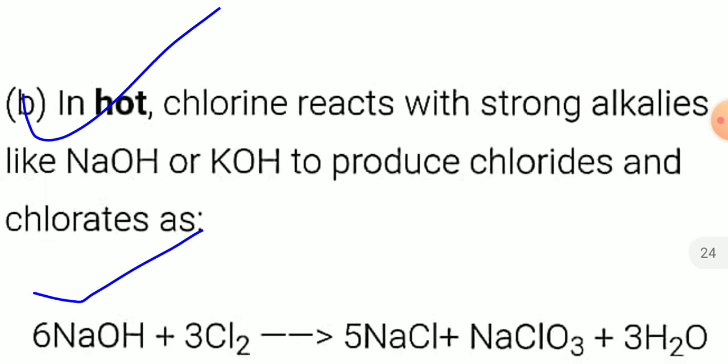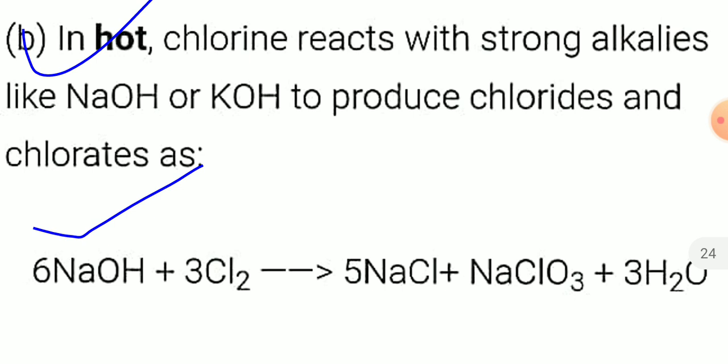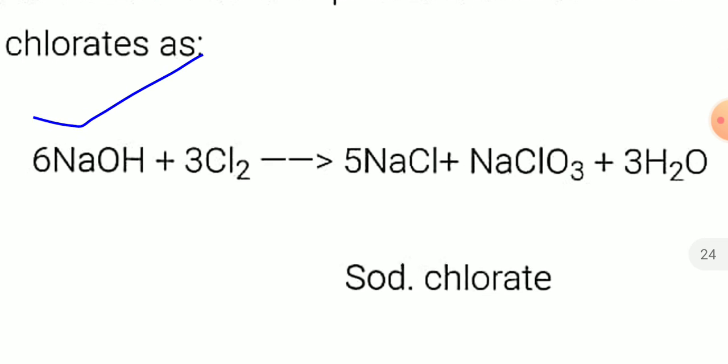But when it reacts in hot condition with NaOH, the products are sodium chloride and sodium chlorate, NaCl plus NaClO3 plus water. So the reaction is 6 NaOH plus 3 Cl2 gives 5 NaCl plus NaClO3 plus 3H2O.